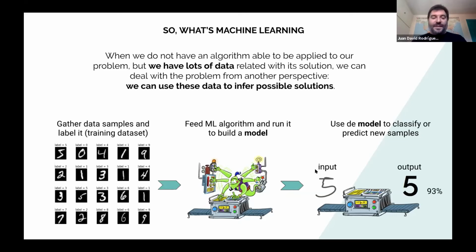Then, once the machine learning algorithm has finished, the model is available. We can use this model in our application to develop an application. Then, when we introduce new handwriting numbers as input, the model will give us the corresponding digit and a percentage representing the confidence of being correct.